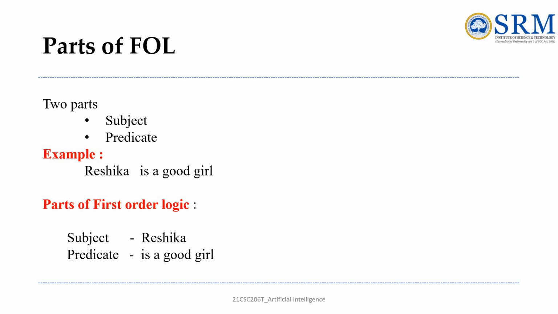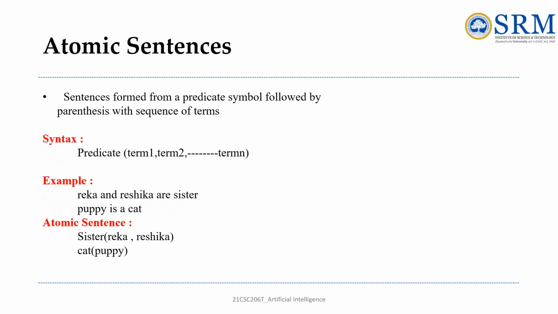So here we are breaking down natural language into components which can be interpreted logically. Then we have certain other examples. If I say Rekha and Reshika are sisters, we express that as sister of Rekha, Reshika. And if puppy is a cat, it becomes cat of puppy.